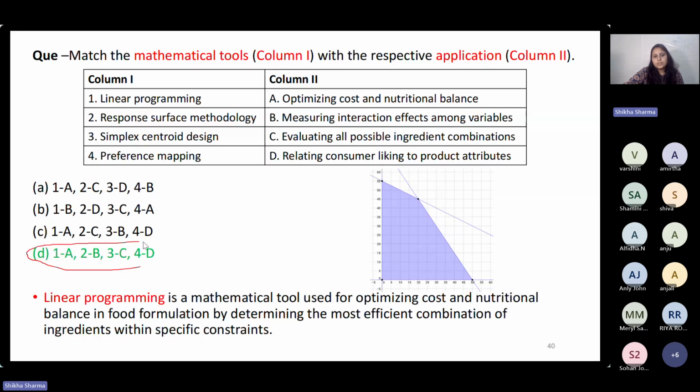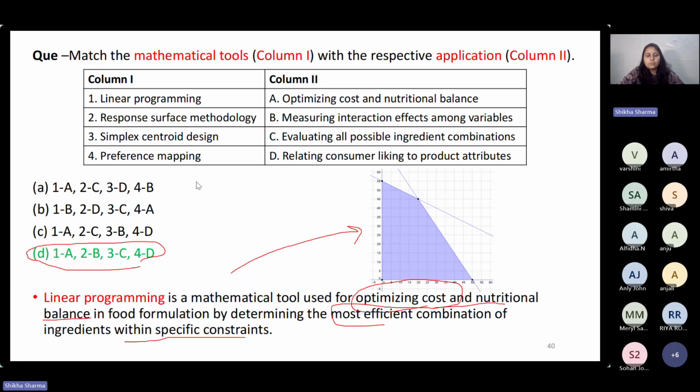Let's understand why. Linear programming is basically a mathematical tool used for optimizing cost and nutritional balance in food formulation by determining the most effective combination of ingredients within specific constraints. In 10th and 11th class we solve linear programming, and if you have taken maths as your subject, you could have studied it there.